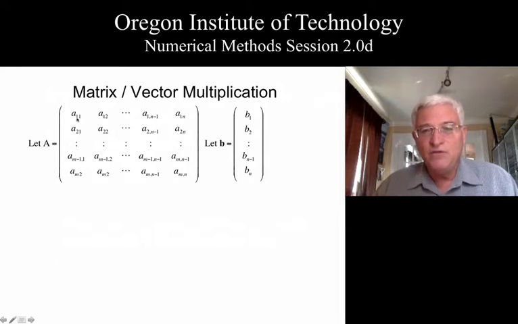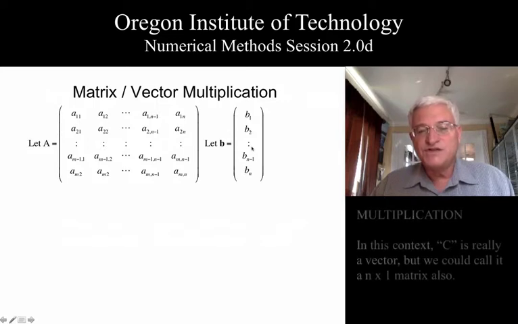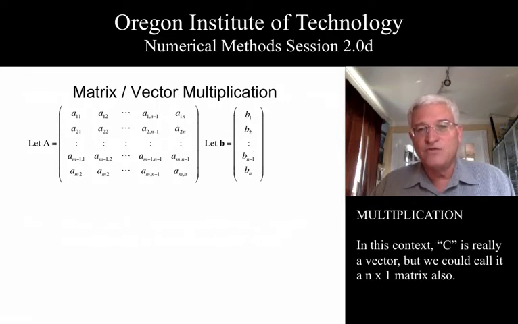We'll take A11 times B1, and we'll add that to A12 times B2. And we will continue to add these paired products until we get to the last one, A1n times Bn. The sum of all those paired products is going to be the first entry of a new matrix that I'm forming, which I'm going to call C.